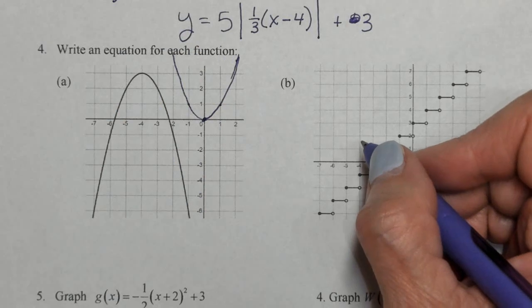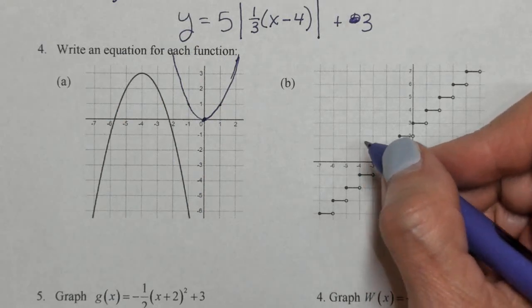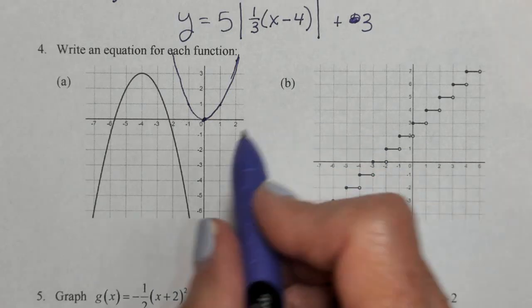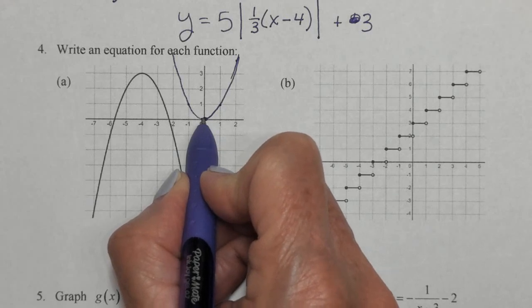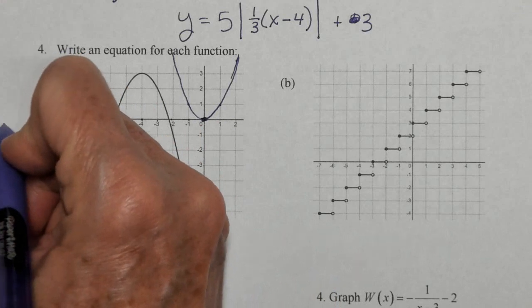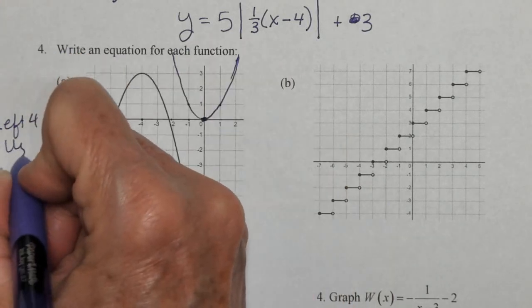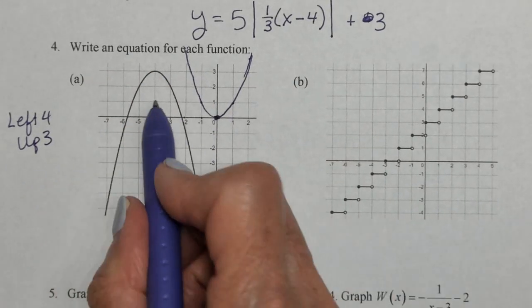So I'm going to need a negative out in front of the quadratic. All right. Is there a shift? Yes, there is a shift because this point right here has definitely moved. It moved 1, 2, 3, 4 to the left, and it moved up 3. Left 4, up 3.